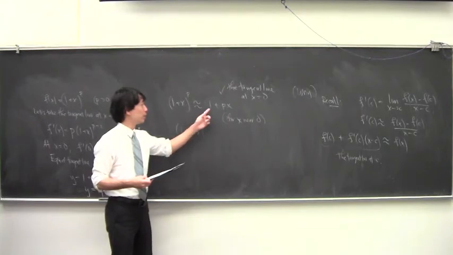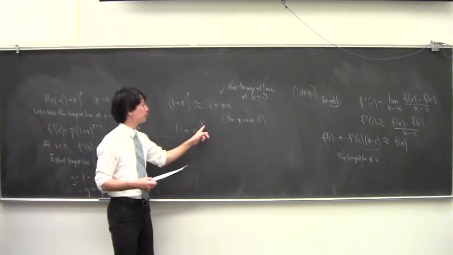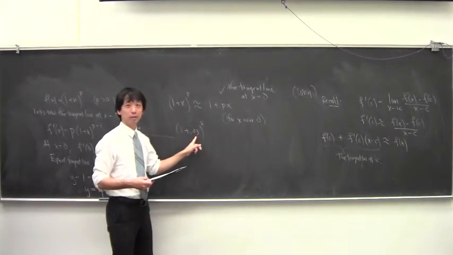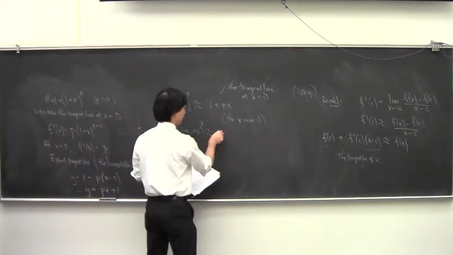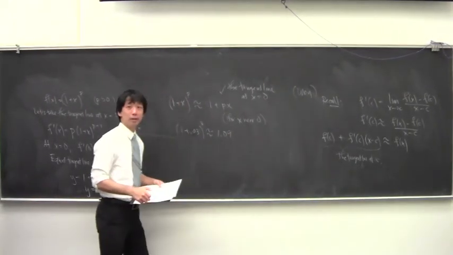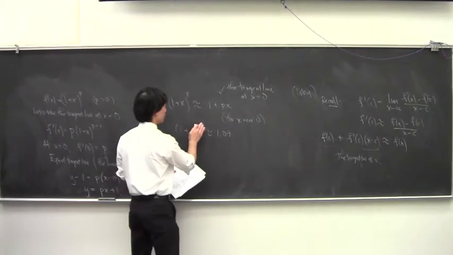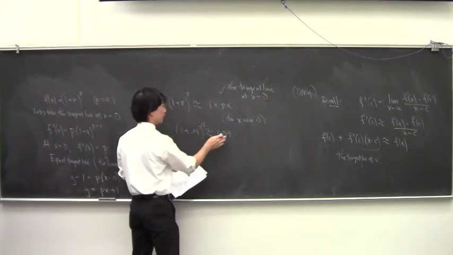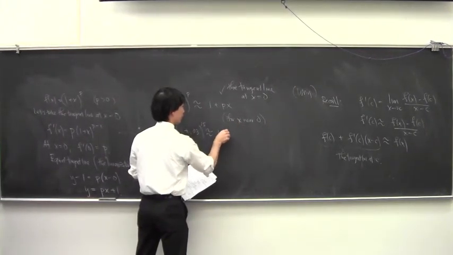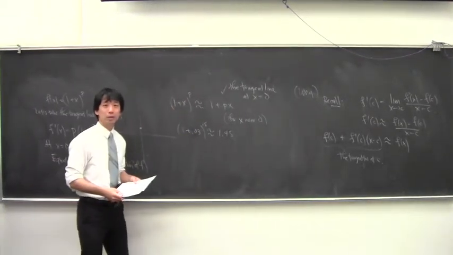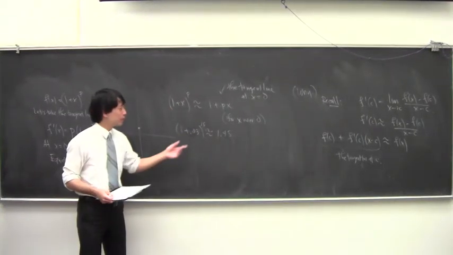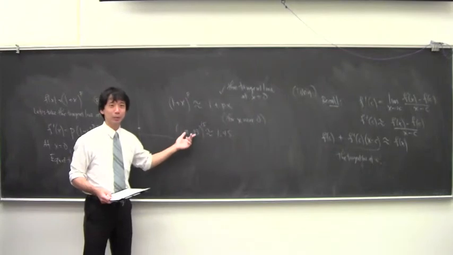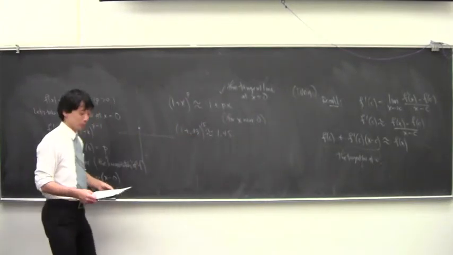This is going to be basically 1 plus 3 times 0.03, so this will be basically 1.09. Or if somebody said, what's this to the 15th? Well, that would be 1.45. So that's kind of cool, how you can calculate arbitrary powers of numbers near 1.